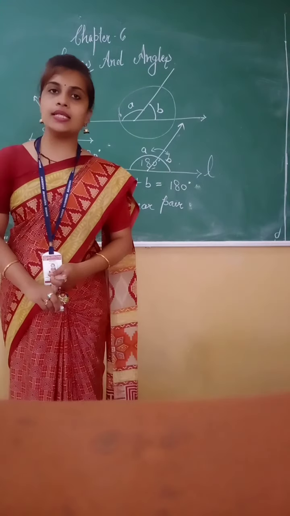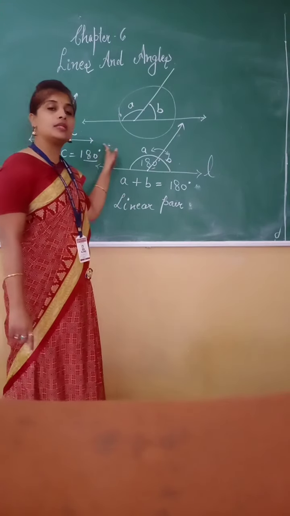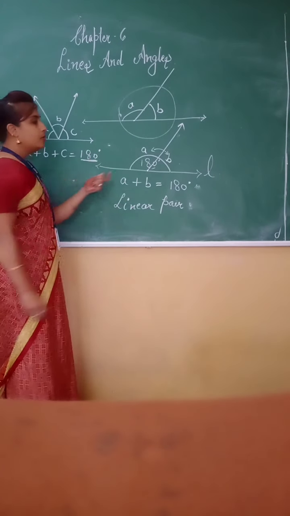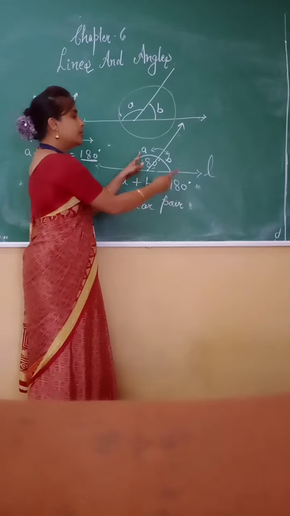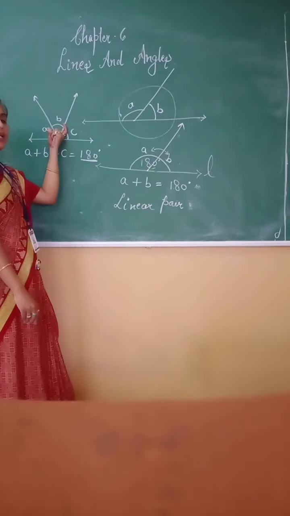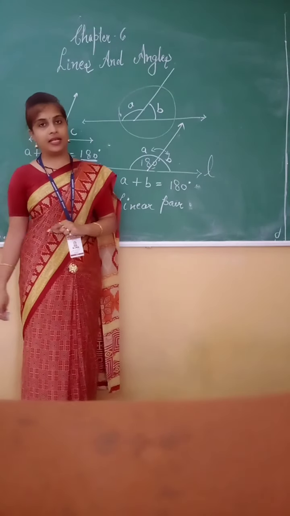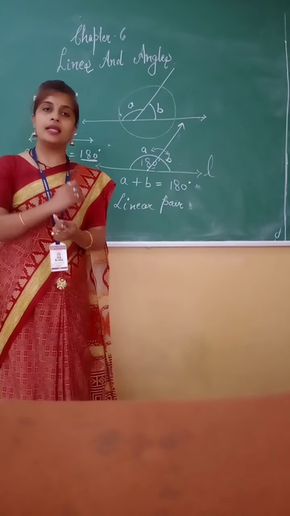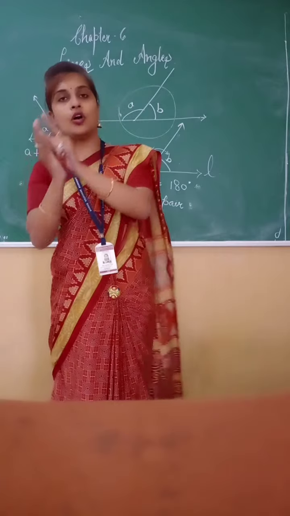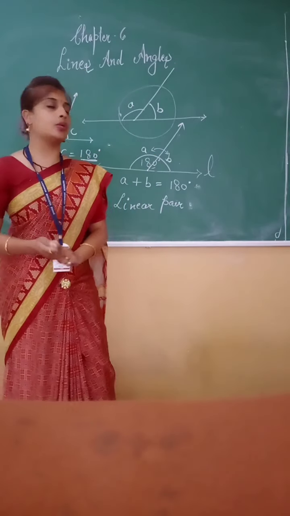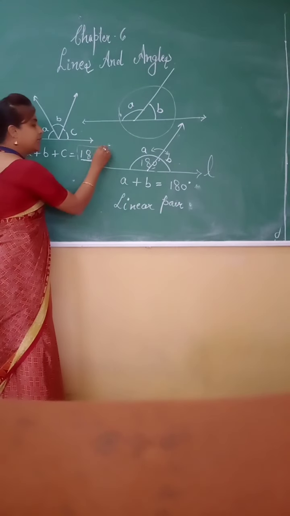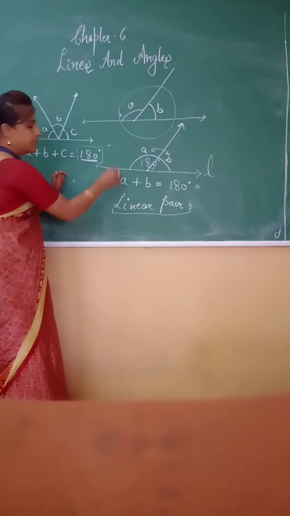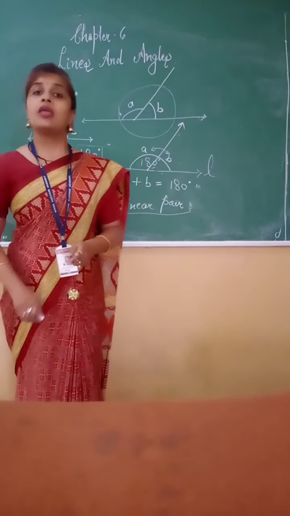So, from here we can say that the angle on a straight line is always equal to 180 degrees, whether it is a single angle, two angles, three angles or n number of angles. If you divide the line into any number of parts, the sum of all the parts will be equal to 180 degrees. And in short, we say that this is a linear pair.